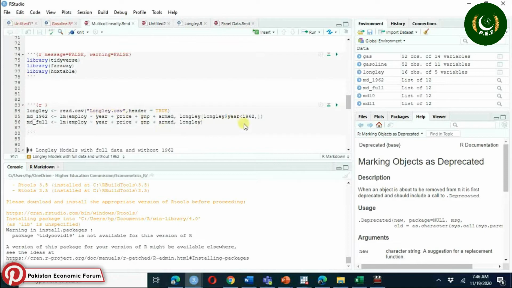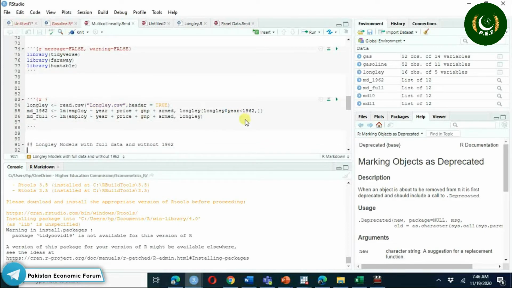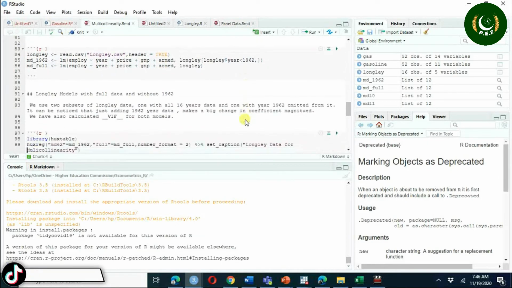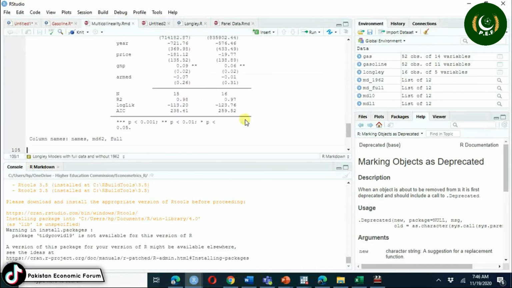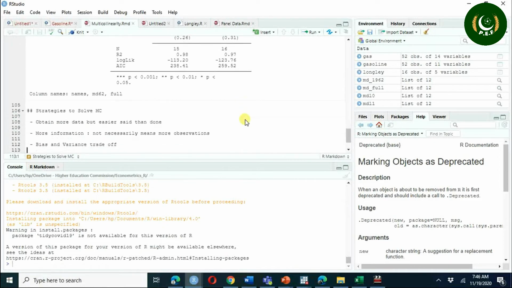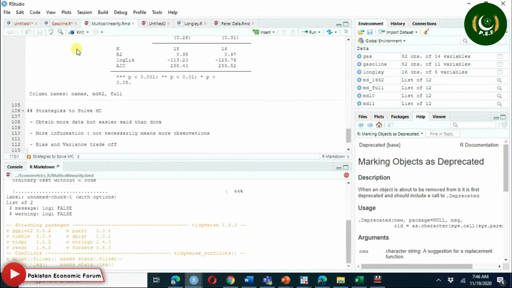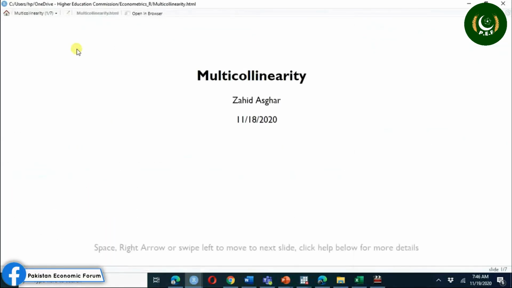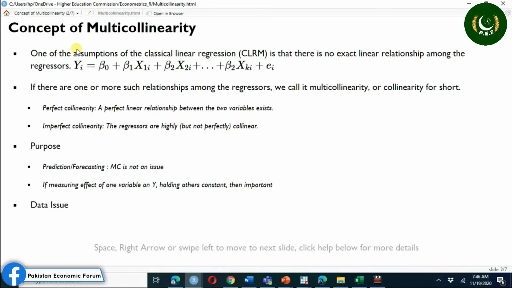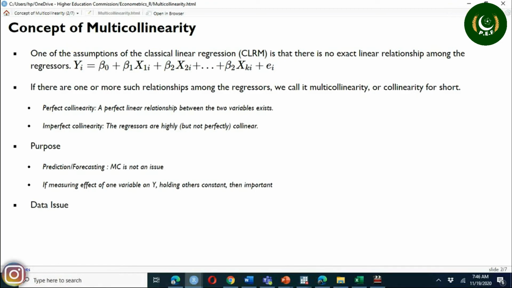So you see here, you don't have 1962, and in the second column you have the whole data with 1962, and then we have the variance inflation factor measured here, and these columns, and what are the strategies to resolve, and then I just convert it to slides. I get these slides. That's how we work with R for making slides, for doing analysis, for making our document. Everything you can do, and I can publish it by clicking on publish.